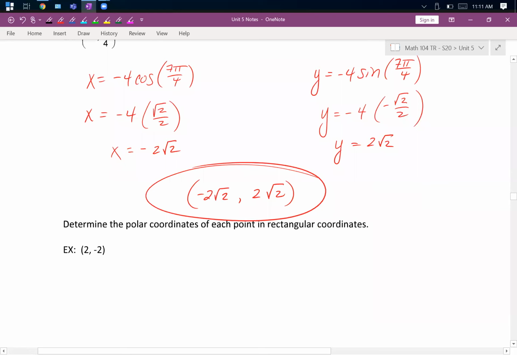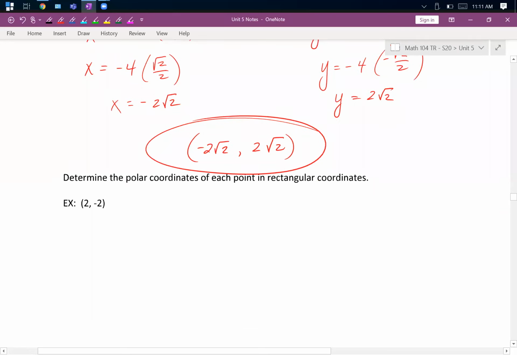All right, now let's go the other direction. This time I've given it to you in rectangular coordinates, and I want you to come up with the polar coordinates. They've given us x and y. Well, r squared is equal to x squared plus y squared, so we'll start by finding r. We could even say that r is going to be the square root of 2 squared plus negative 2 squared.